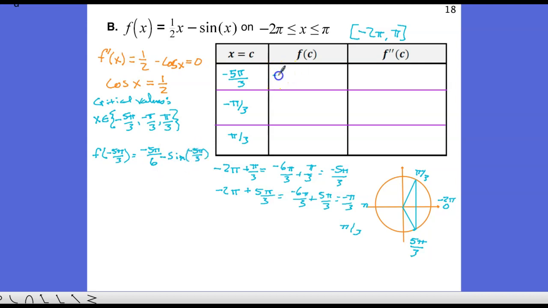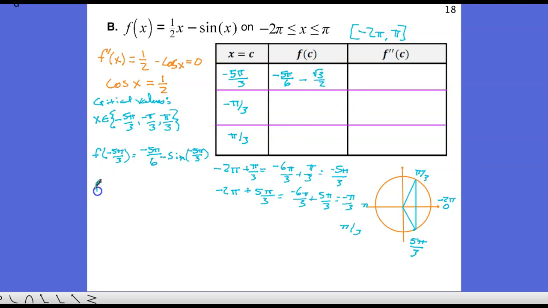At negative 5 pi over 3, the sine value is positive square root of 3 over 2, but we're subtracting that, so minus square root of 3 over 2.